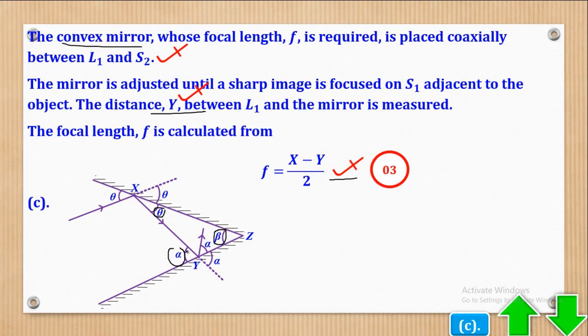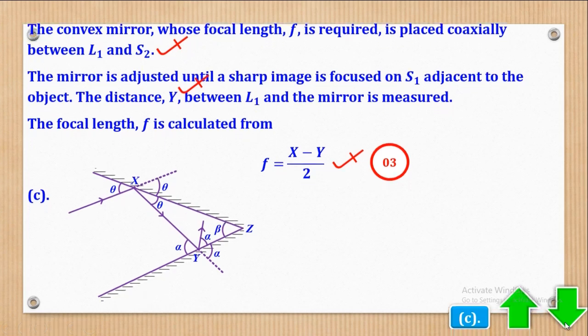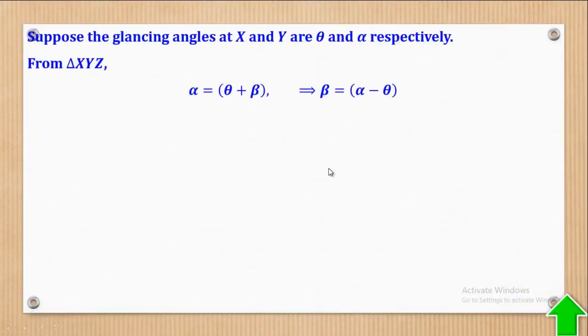So that means that alpha is equal to theta plus beta. Therefore, when I make beta the subject, beta will be equal to alpha minus theta.